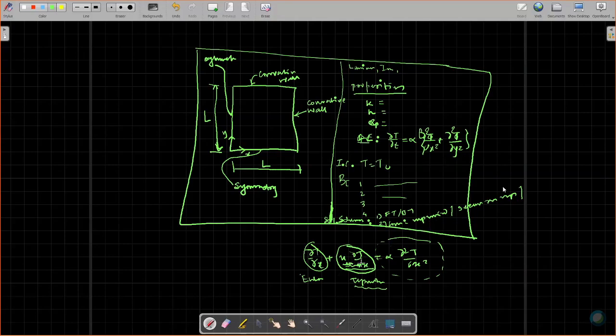Upwind is very good for convection because of the problems of dispersion and dissipation. When you add the upwind scheme, it adds numerical dissipation, but it makes this term workable. There is no instability if you do it explicitly. Then third, this is a diffusion term.